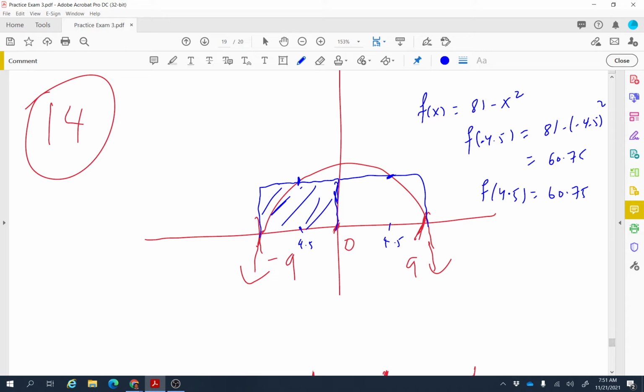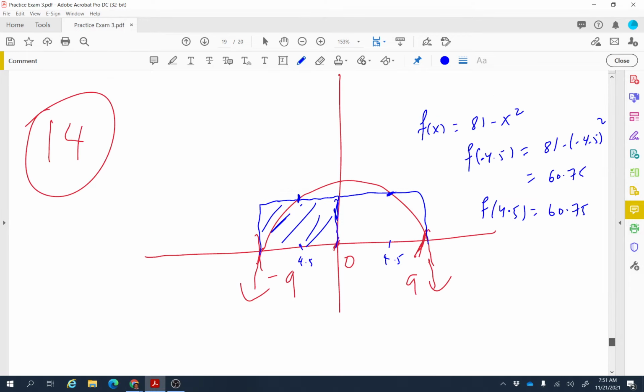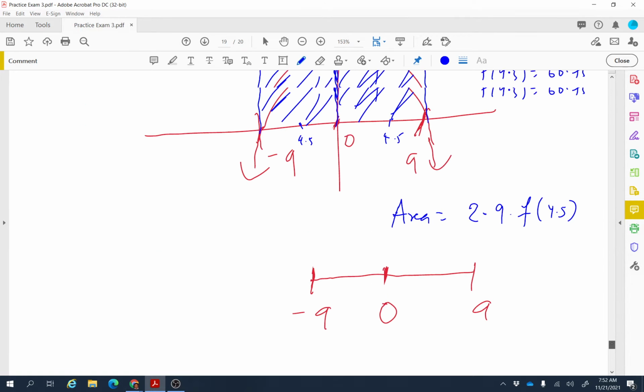So what is that? The area is the width, which is 9, times the height, which is 60.75. Basically, by using these two rectangles, the area would be 2 times, because the area of this part and this part would be the same, 2 times 9 is the width, times the height, which is the value of the function at 4.5 or negative 4.5, that will be the same value.